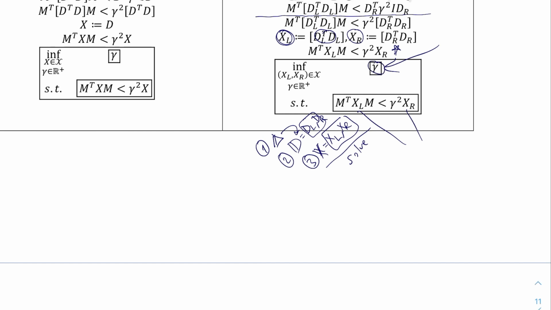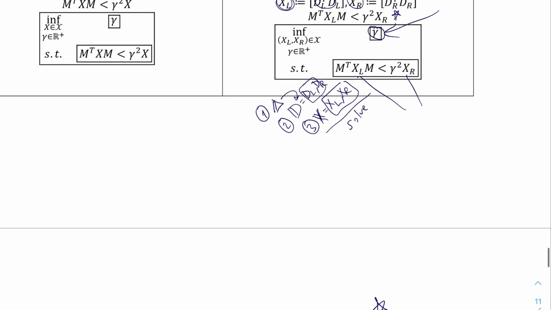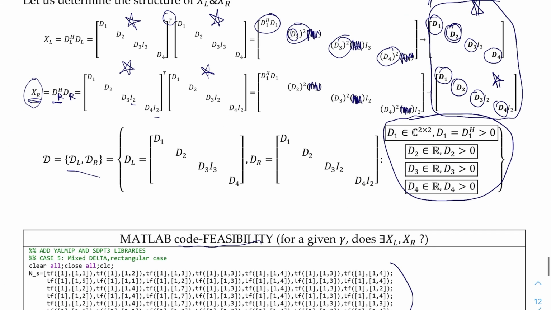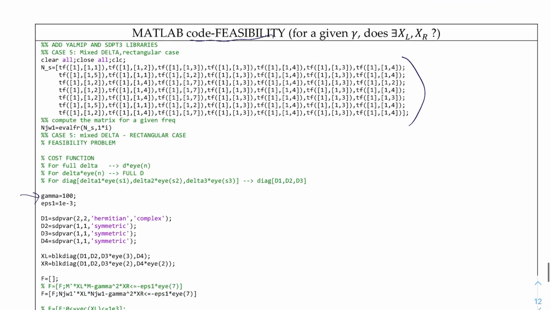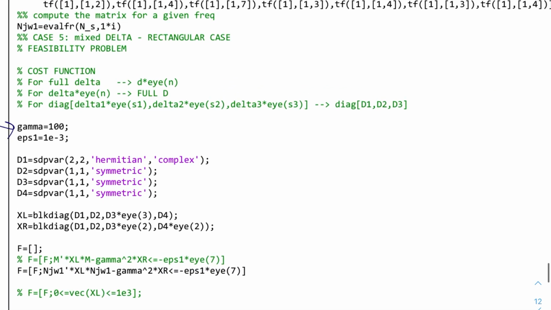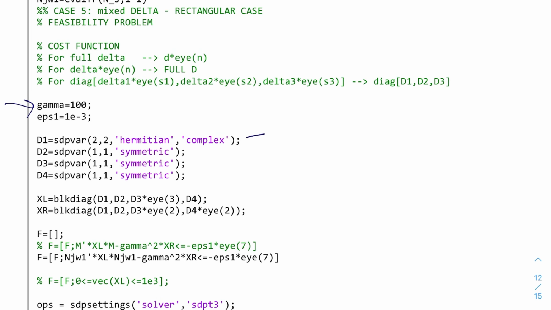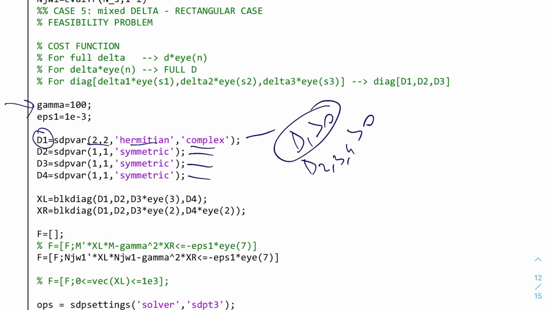If you can find that, that means the SSV must be less than or equal to gamma, the upper bound of SSV. Again, we have D1, D2, D3, D4. Only D1 is a 2 by 2 Hermitian and complex, and we also know D1 is positive, and D2, D3, and D4 are also positive.